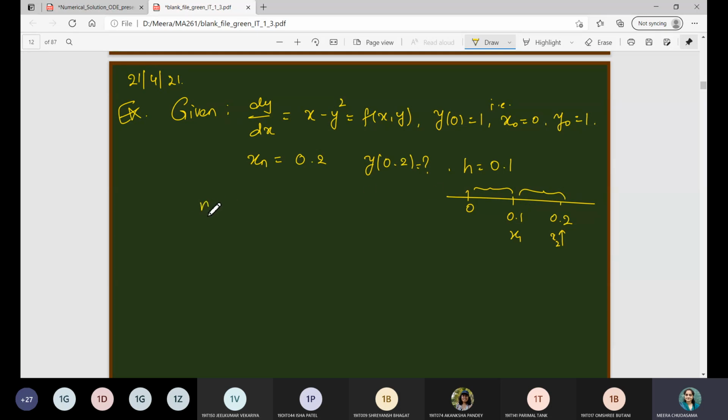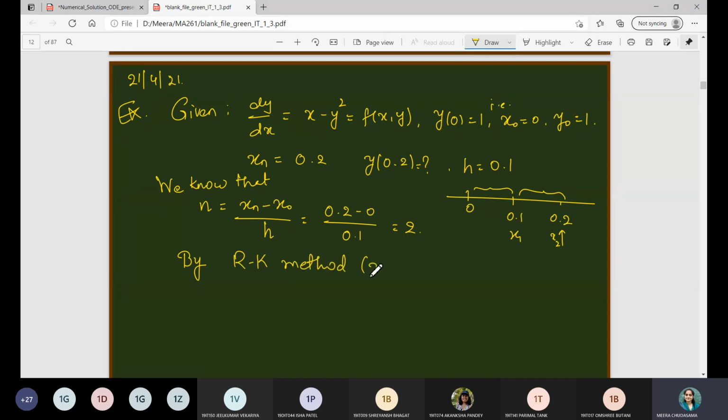In the other case you can also write, we know that n is equal to xn minus x0 upon h. So 0.2 minus 0 upon 0.1. That expression is also 2, right? So let us now first write down the algorithm for the Runge-Kutta method. I will write it in short as RK method. Of course, second order.